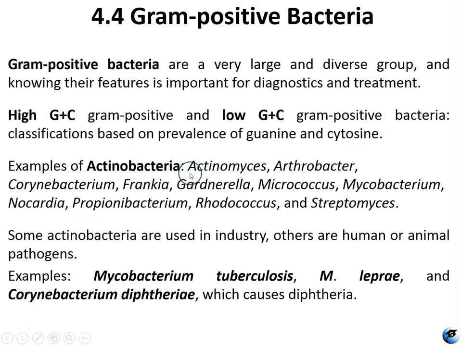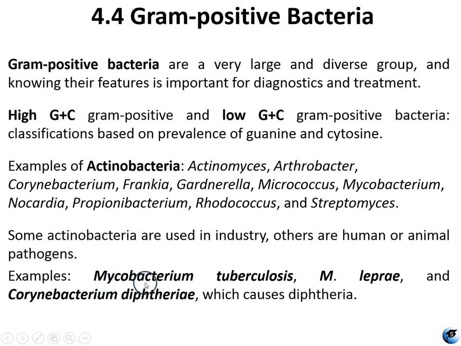Actinobacteria are the name given for high GC gram-positive bacteria, and this includes Actinomyces, Arthrobacter, Corynebacterium, Frankia, Gardnerella, Micrococcus, Mycobacterium, Nocardia, Proteobacteria, Rhodococcus, and Streptomyces. Some of your actinobacteria are used in industry, while others are human and/or animal pathogens.